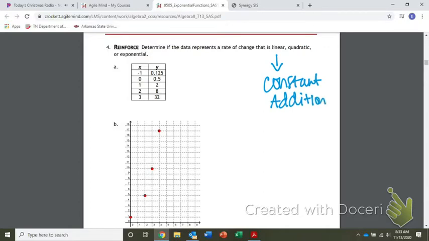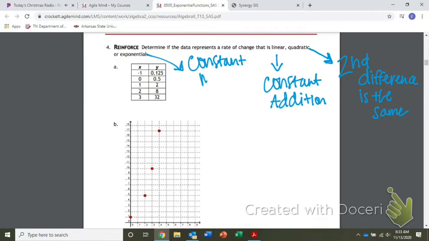All right, let's see if you remember quadratic. What difference is the same? The first difference or the second difference? Second difference. And exponential has a constant, what? Constant multiplication.